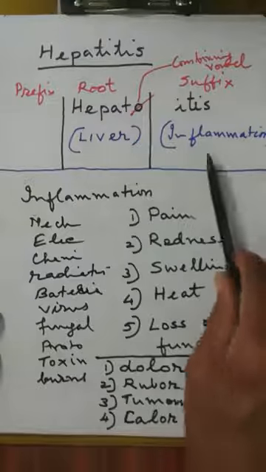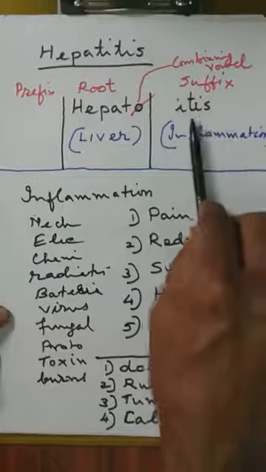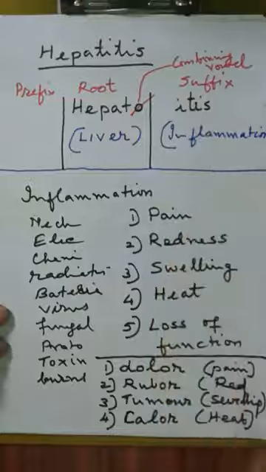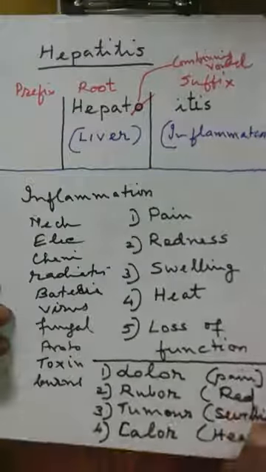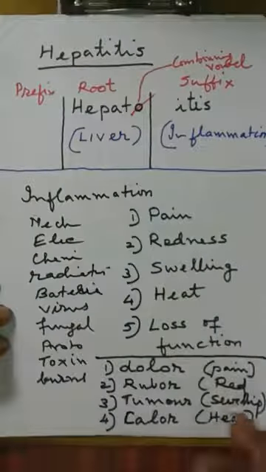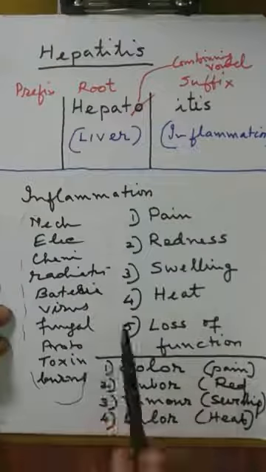So you got an idea about inflammation. Inflammation is denoted by this small suffix itis. So here, inflammation of liver. It can be due to any one of these reasons.